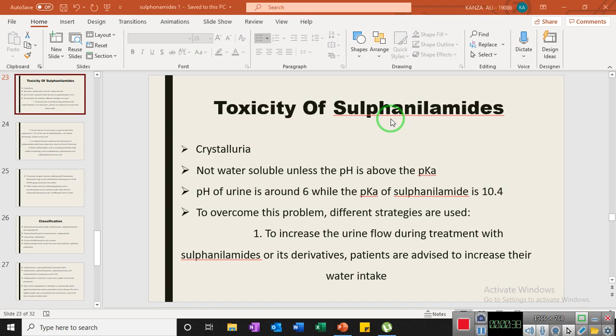I have told you that we have synthesized thousands of derivatives, but out of those only few are in clinical use. The main toxicity of these derivatives is the crystalloruria. Crystalloruria is the term which is used for the formation of crystals.